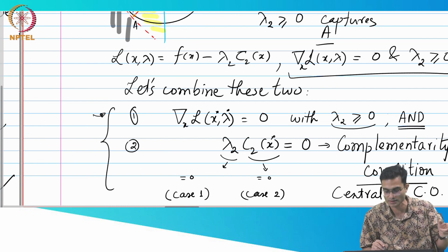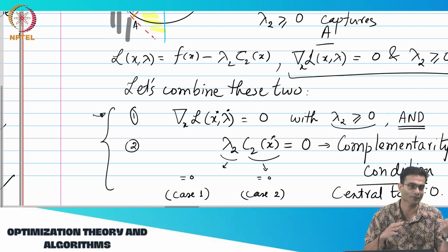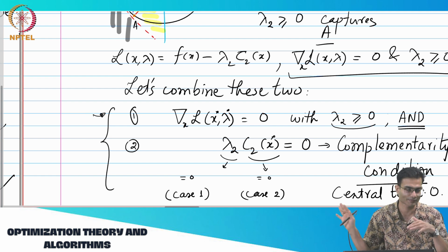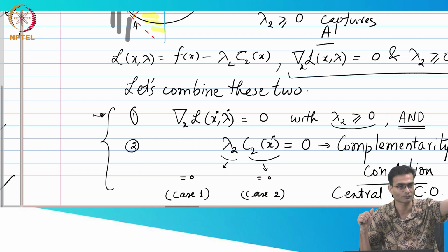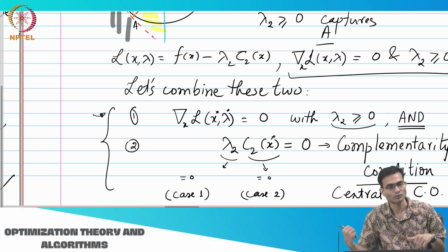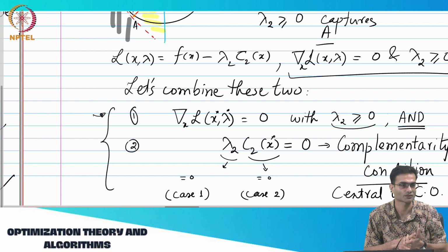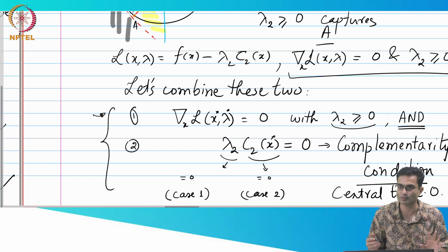The only difference is when I say lambda 2 C2 equal to 0, either lambda 2 could be 0 or C2 could be 0 or both could be 0. So let's leave the third case aside. So either lambda 2 equal to 0, that is my case 1, along with statement 1. C2 equal to 0 along with statement 1 gives me case 2. That's how we do it. Okay. So I've combined it in a slightly neat way.